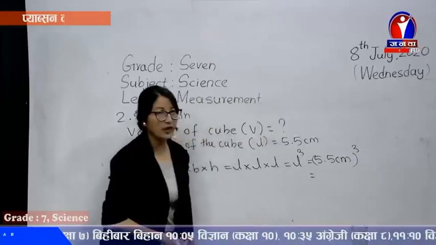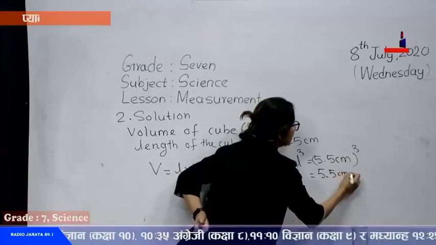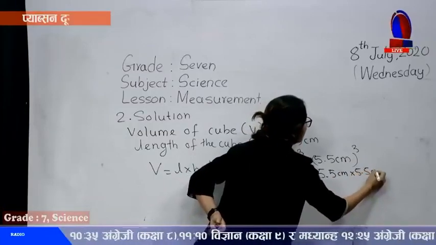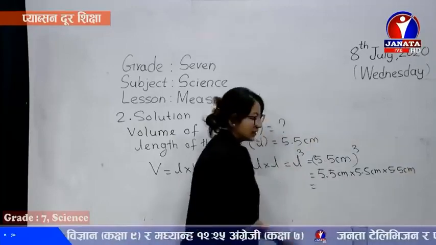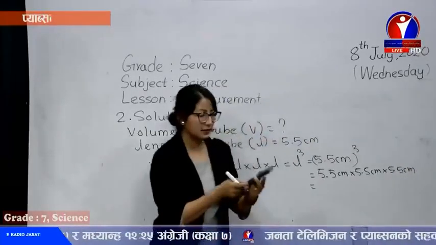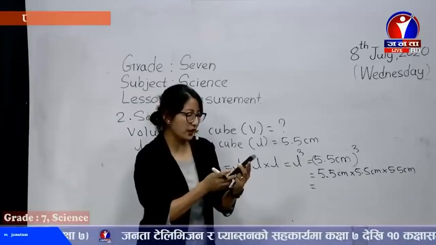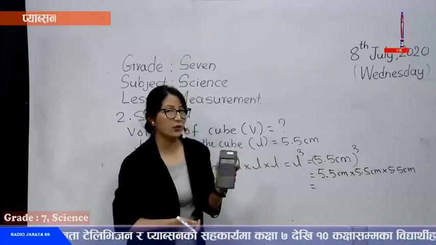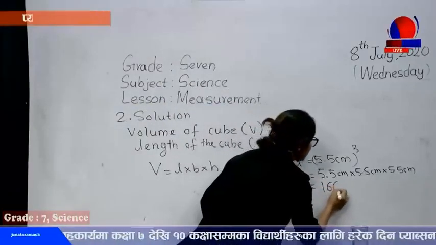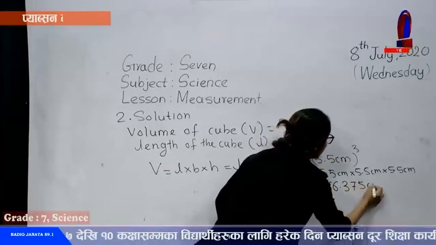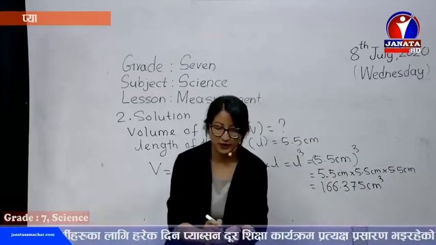Its cube means 5.5 centimeter into 5.5 centimeter into 5.5. Like this also you can write, otherwise you can directly calculate. So taking the help of the calculator, 5.5 into 5.5 into 5.5, we get altogether 166.375 centimeter cube, which is the volume of this cube.